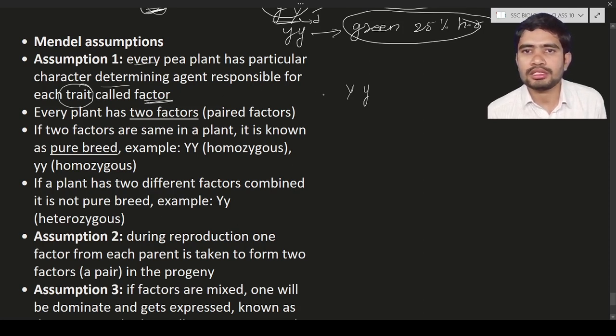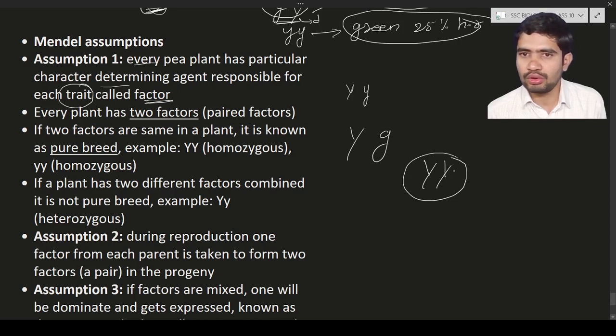So there is a green color factor and a yellow color factor. Each plant has two factors, yellow and green. If they have the same, that is known as pure. How will it be pure? Capital Y, both of them have the yellow color genes, no green color, hence they are known as pure.